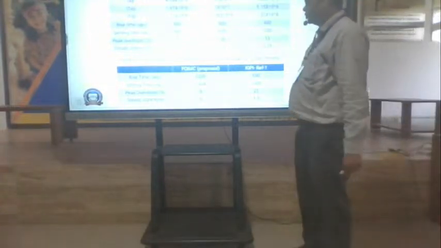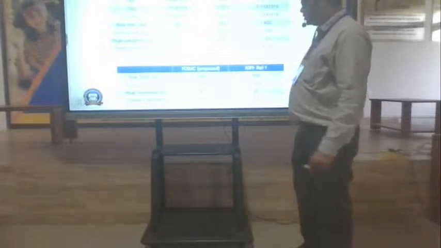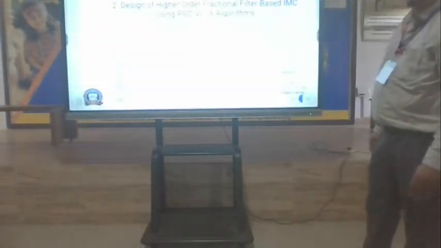Other controllers have higher peak overshoots, while our proposed control has only a small peak overshoot. For the experimental results also I have compared.